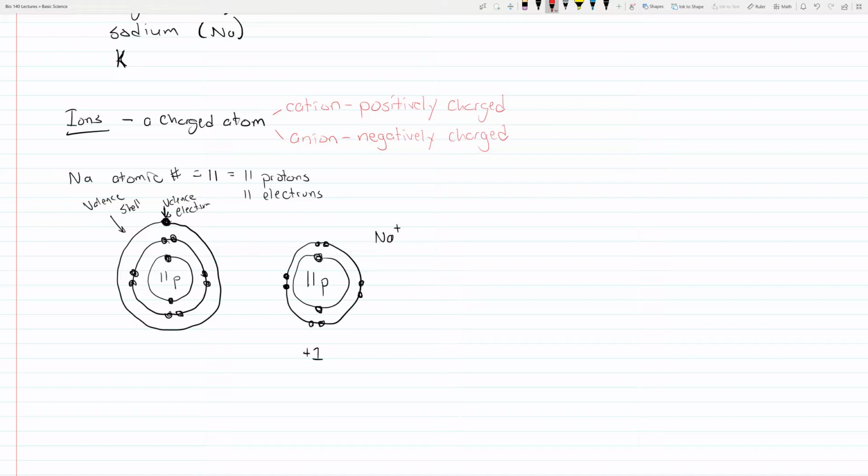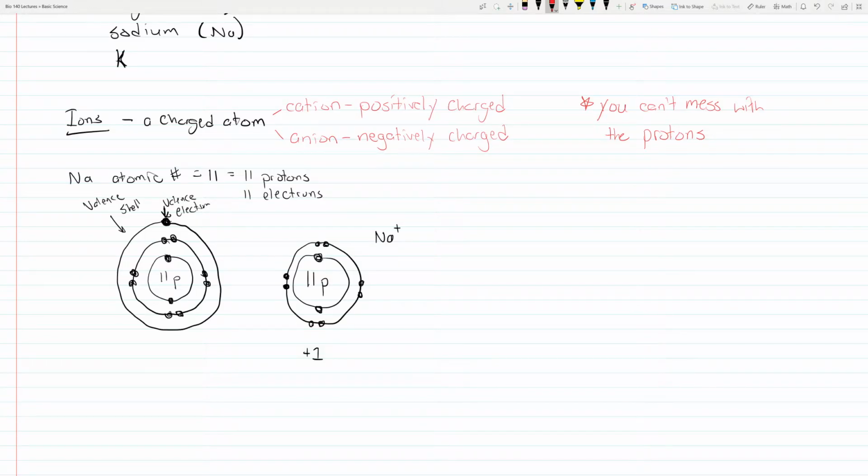If I want to make an atom more positive, I have to take electrons off of it. You can't mess with the protons, because if you do, you change the element. So looking at sodium, this is how we make sodium a cation.